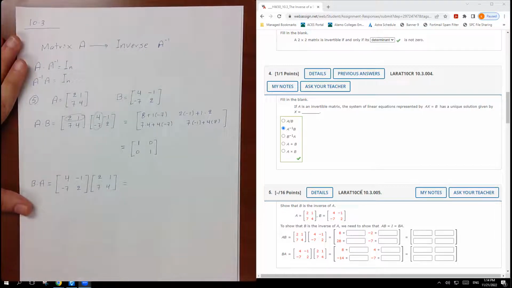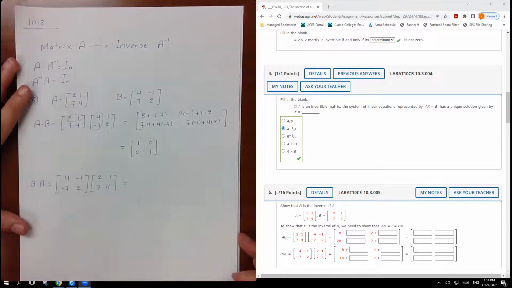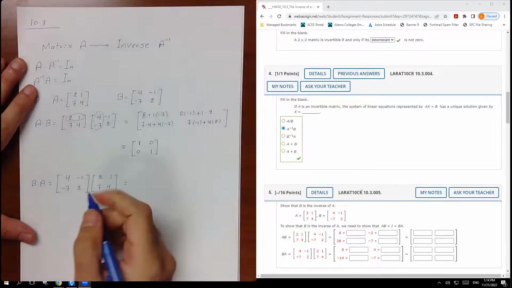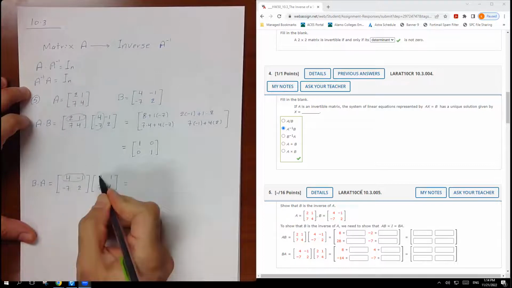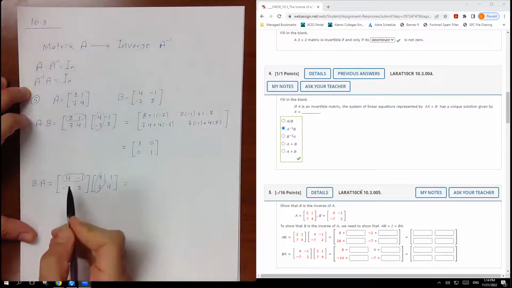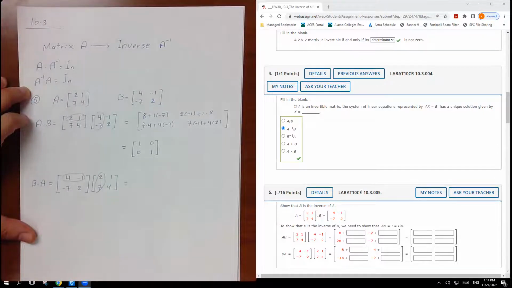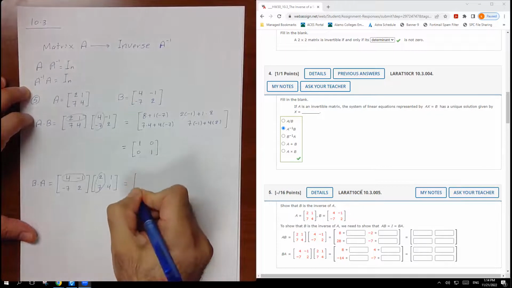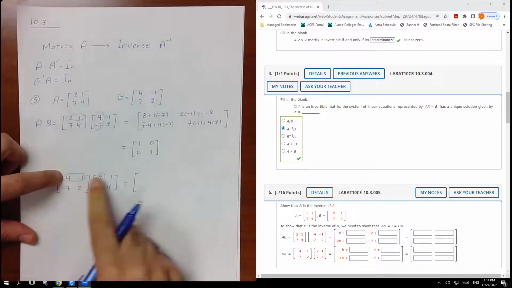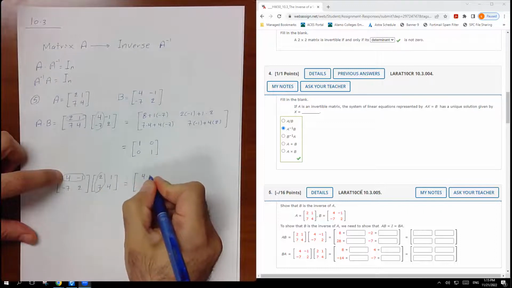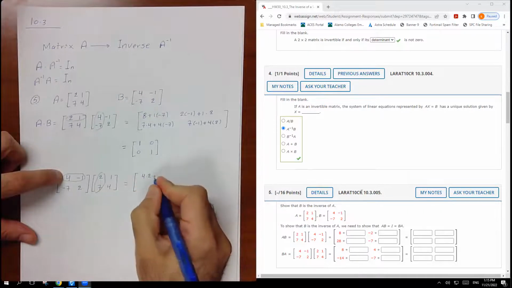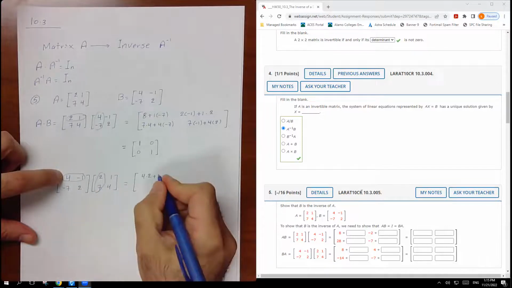Now we need to prove that B times A is also the identity matrix. Let's do the same thing. The first row with the first column: 4 times 2 is 8, plus negative 1 times 7.